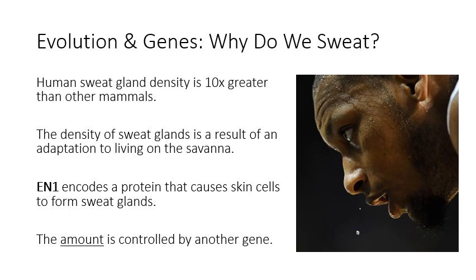Now, I'm going to introduce a term here with respect to our sweat gland density and this EN1 coding for proteins that cause skin cells to form sweat glands. We're going to add a word here. This is a result of mutation.